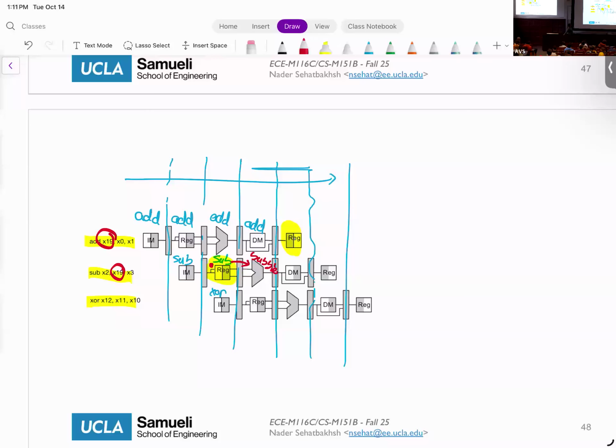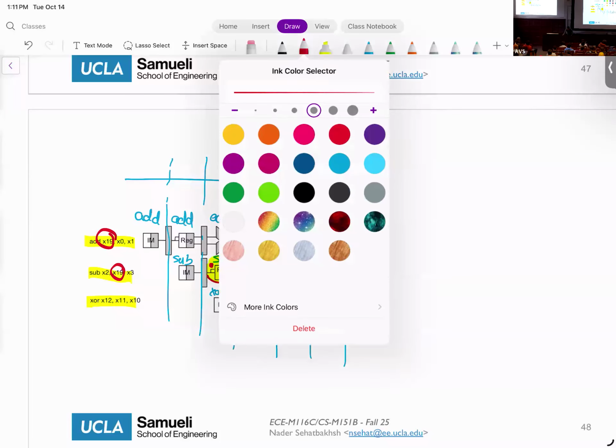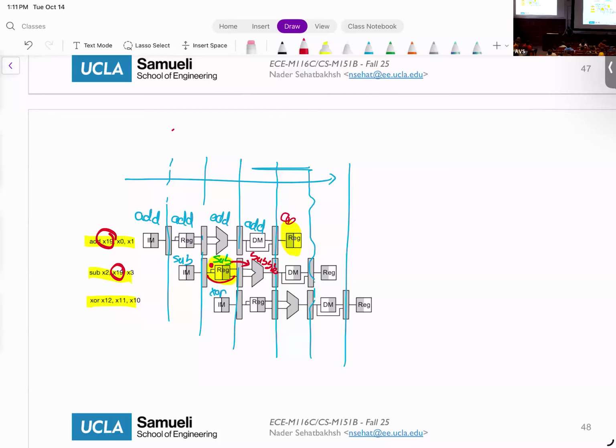And the third thing is that since this stage is occupied, now XOR cannot advance, because if XOR advances to the next stage, it's going to overwrite the sub instruction. I want to keep the sub instruction inside my decode stage and only let it go when the add instruction reaches this stage here. So when add is here, then it's safe to let the sub go, right?